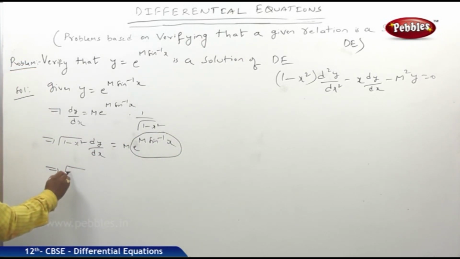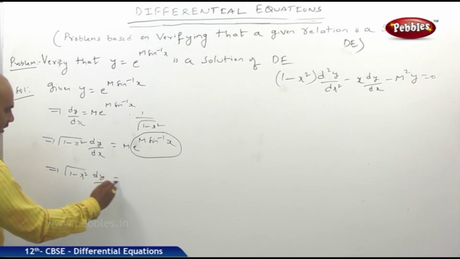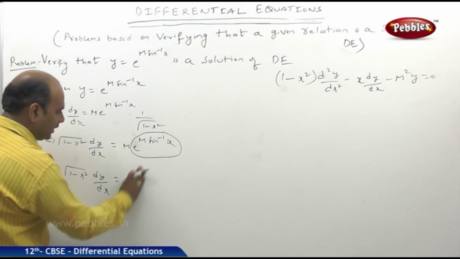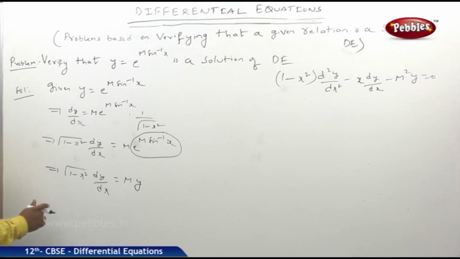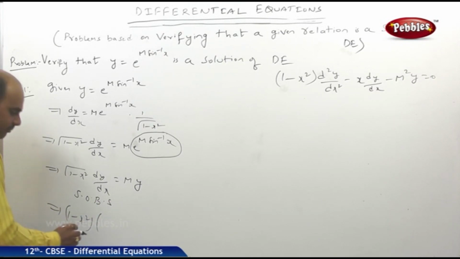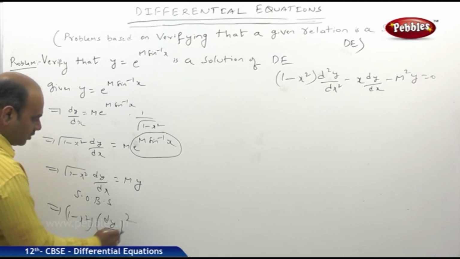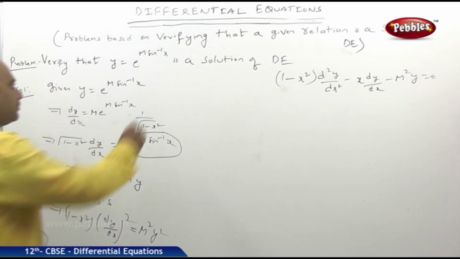So root of 1 minus x square dy by dx is equal to my. Now I'll square on both sides. So 1 minus x square into dy by dx whole square is equal to m square y square.